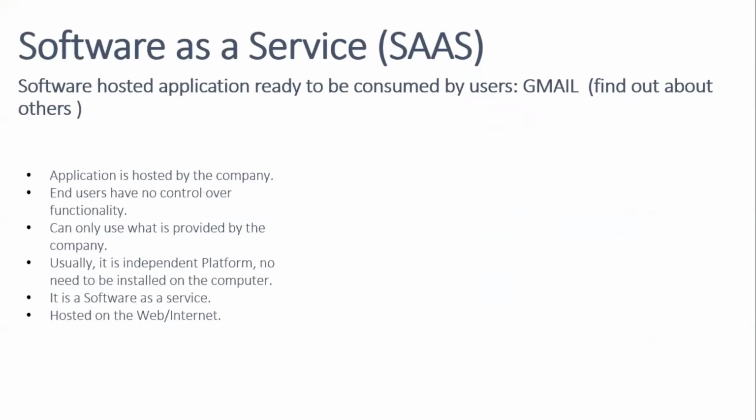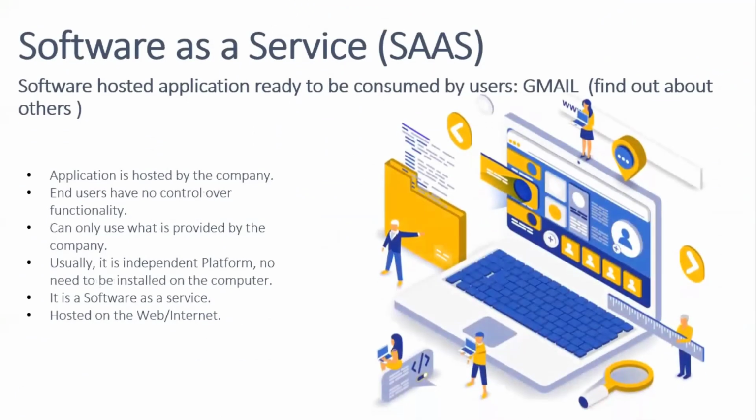Next we have software as a service. Software as a service is basically software that is provided as a service. For example, today we are using the Gmail application or the Outlook application, where we don't install the infrastructure or the servers on our machines to access the mail.